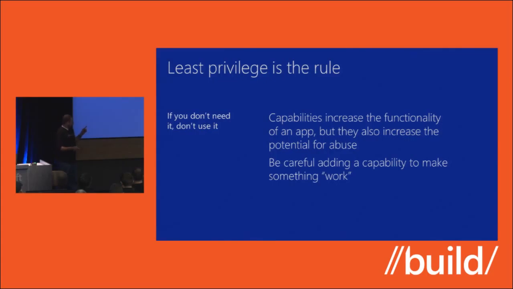And as I mentioned in the setup, be careful adding a capability to make something work. I see this all the time. The number one capability that gets added to make something work, I'm guilty of using in this very demo. I'm doing an internal demo, and I have an internal server, and guess what I need? I need access to the private network. Normally you just need internet client, but to make this app work internally, I was tempted to add the internet private and internet capability.